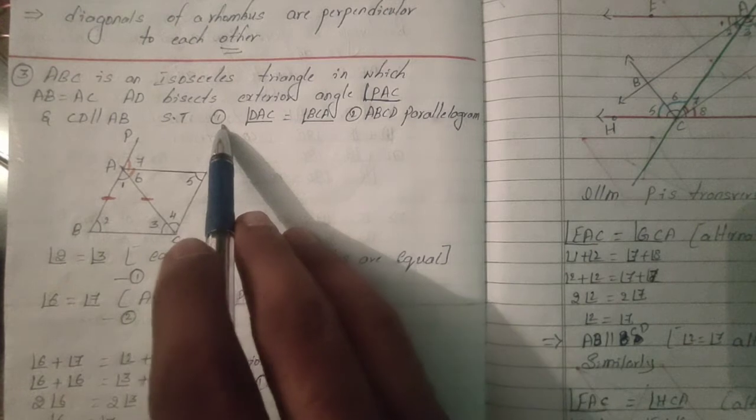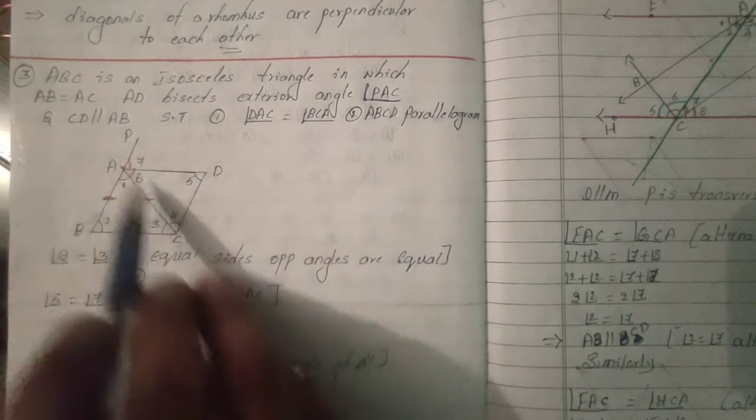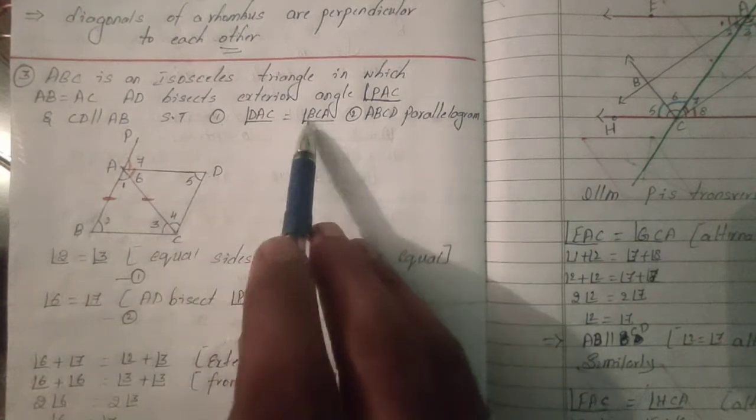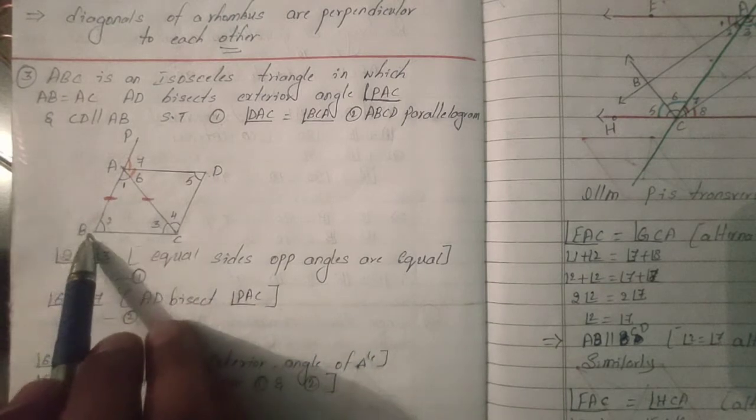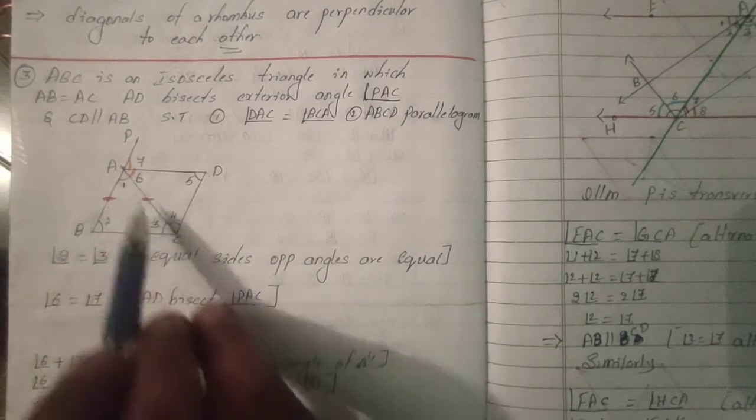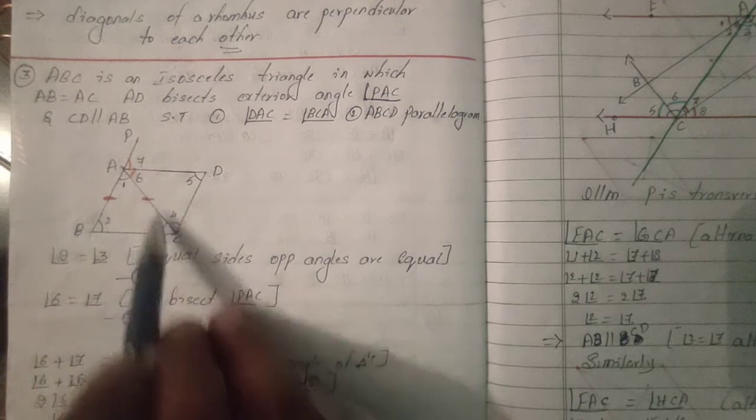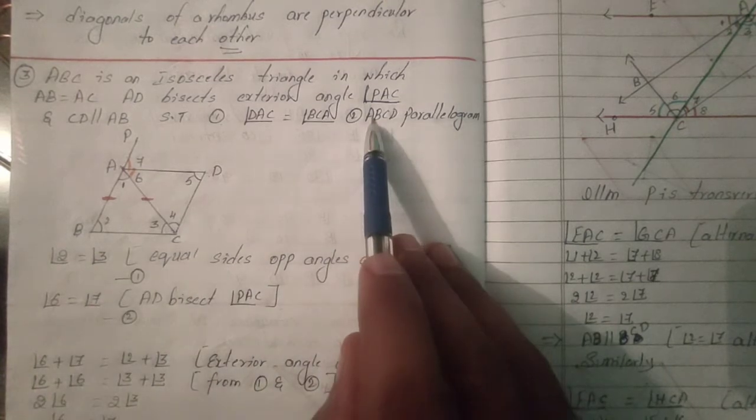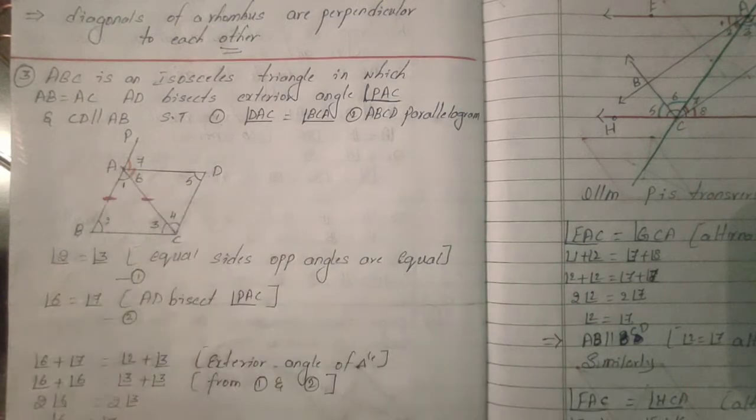Then show that angle DAC and angle BCA are equal. Second one, ABCD is a parallelogram. Two things we need to prove.